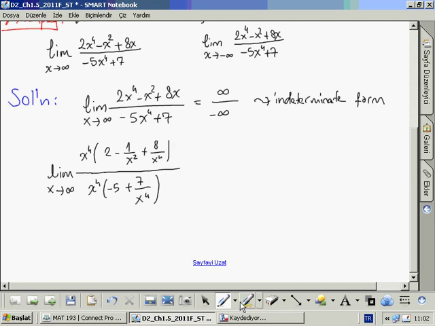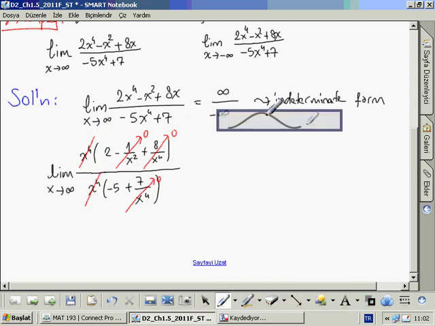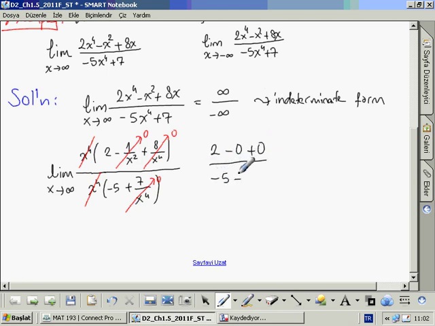Especially these parts will go to 0, and these parts will be cancelled, so you will obtain only 2 minus 0 plus 0 over minus 5 plus 0, so it's equal to minus 2/5.